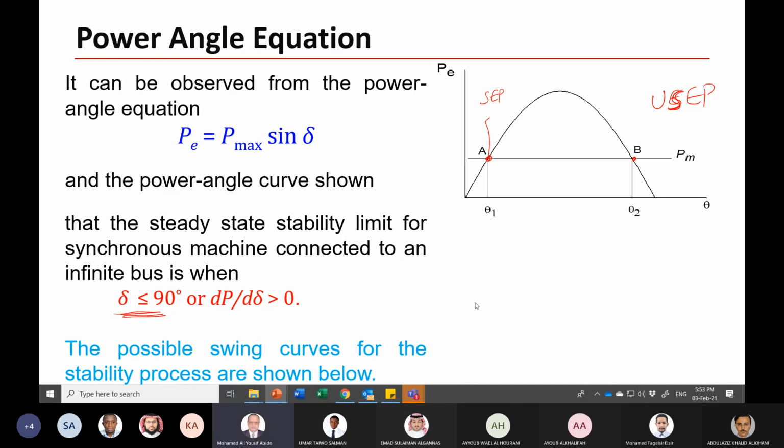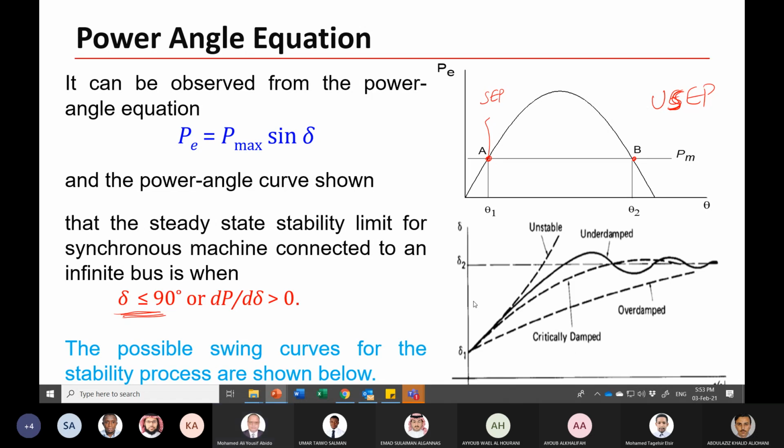So this is the power angle equation. The possible swing curves for the stability process are shown below. You can have any of those curves. This is unstable performance; you can see the angle increases monotonically. This is the underdamped condition: the system is stable, and the oscillation of the angle is decreasing.